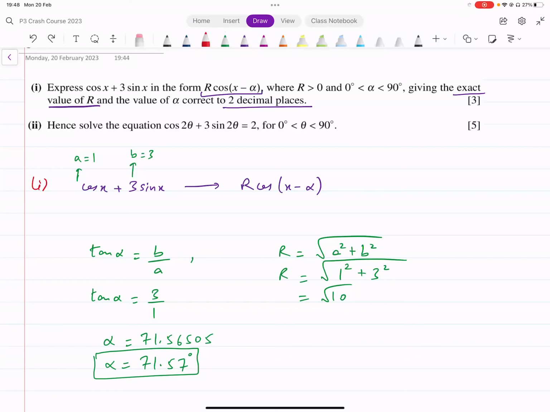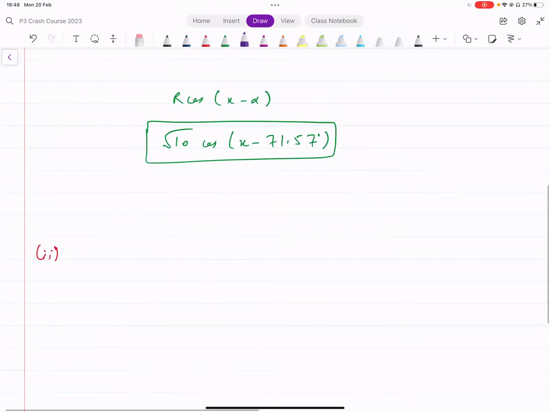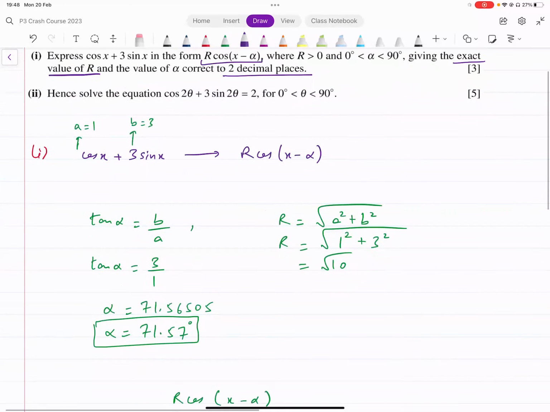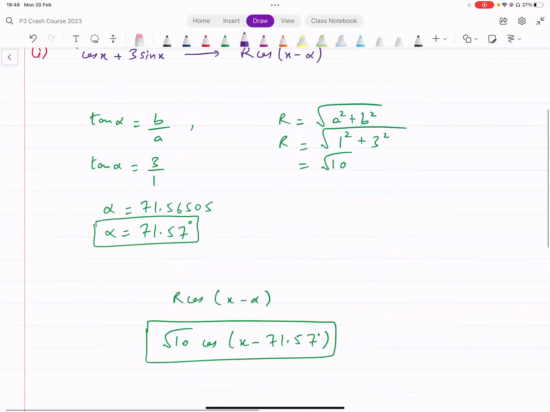So in the second part now, you would just have to solve this equation. Because what was the equation originally? The original equation is cos 2 theta plus 3 sine 2 theta equal to 2. You need to solve this equation for theta between 0 degrees and 90 degrees.